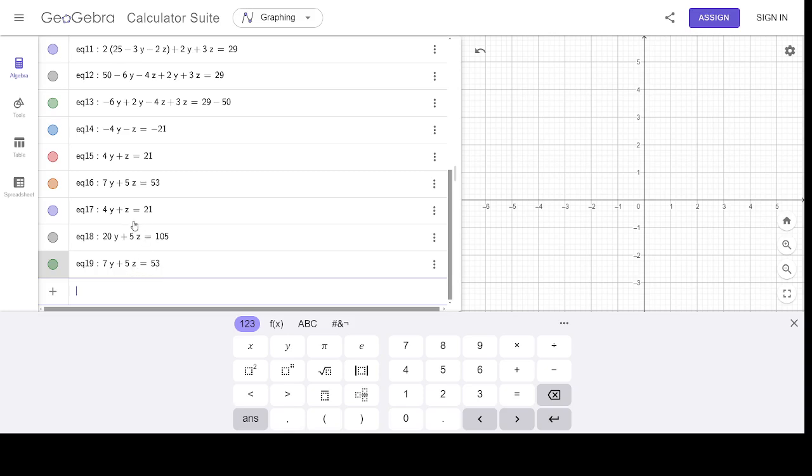So now we can eliminate this one. We are basically going to subtract each like term.